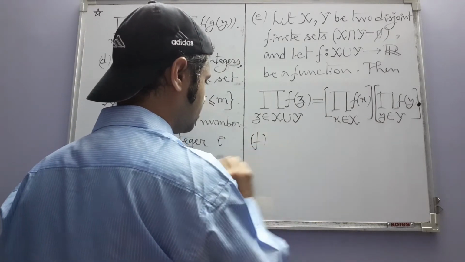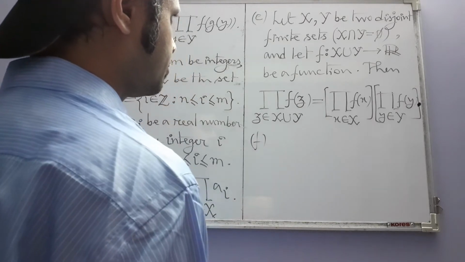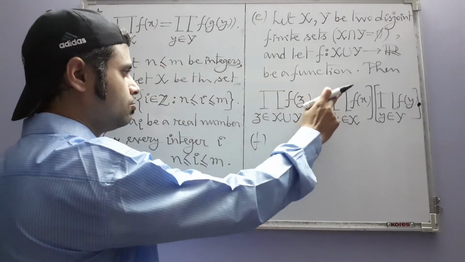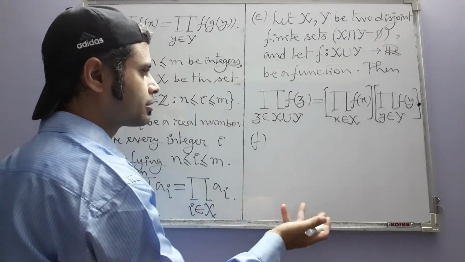Then part F. Here we have one function and two sets. In part F we have two functions and one set.